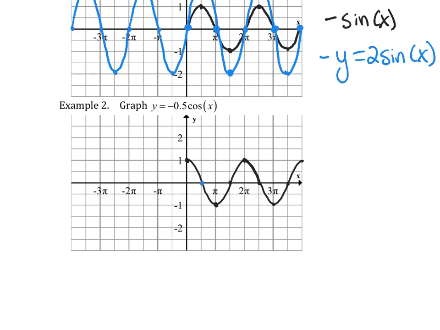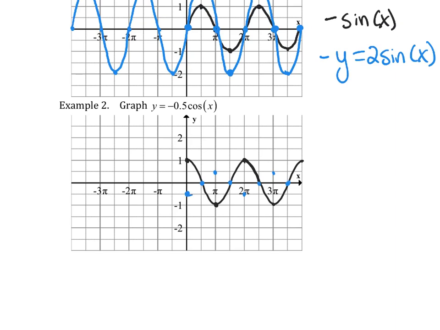Again, anything that's on the midline is going to stay. And then anything else is going to get half as big and reflected. So when I'm looking at this maximum value of 1, reflecting it would take it to negative 1, and then I would half that. So I would be at negative 0.5. And the same thing with the minimums.